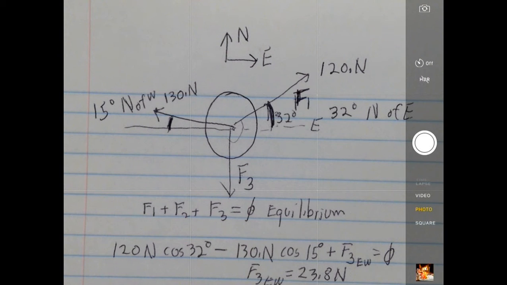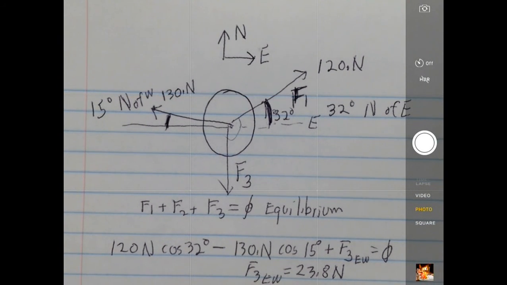With the system of equations, you substitute or eliminate to solve for one unknown. And once you have one unknown, you substitute back in to solve for the other unknown.